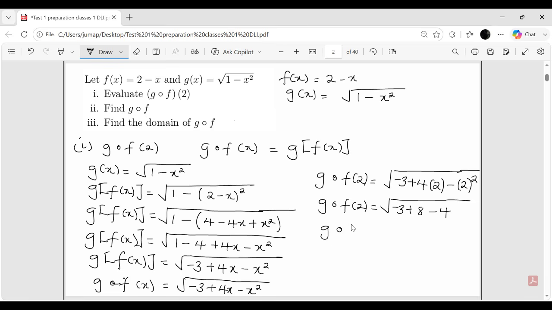So g of f of 2 is equal to the square root of, we know that negative 3 plus 8 is positive 5, minus 4, we're going to have 1. As a result, g of f of 2 is equal to the square root of 1, which is just 1. And that will be your answer. Are we together?